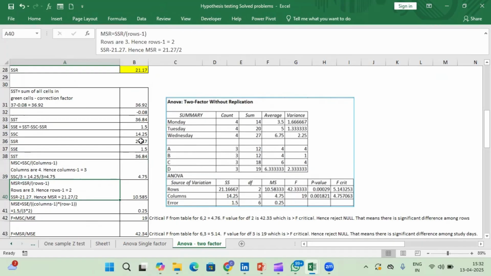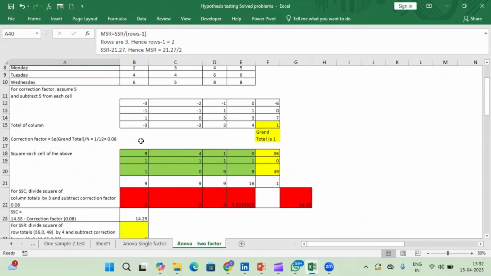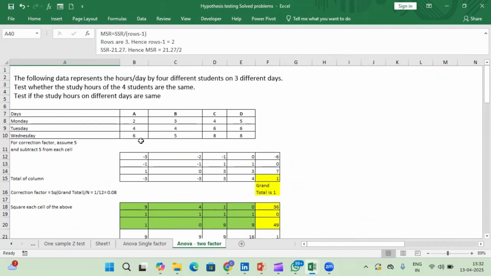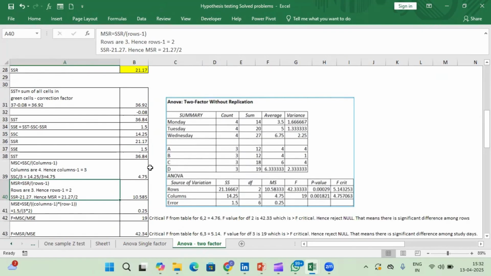SSR is 21.17 divided by rows minus 1. Rows are 1, 2, 3, 3 rows only, so 2. That is 21.17 by 2, that is 10.58.